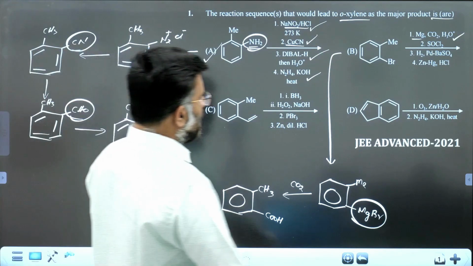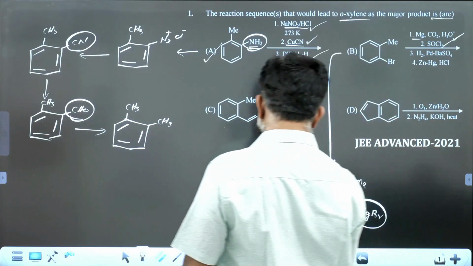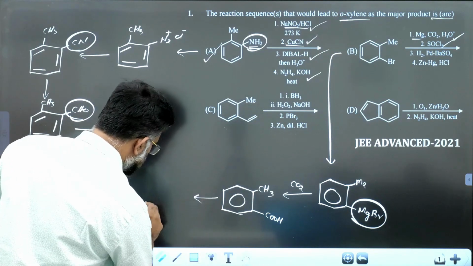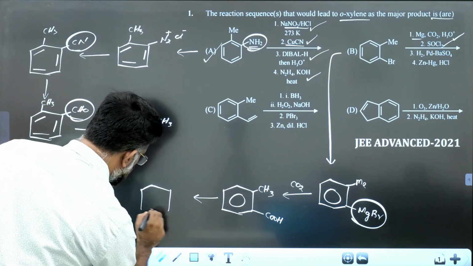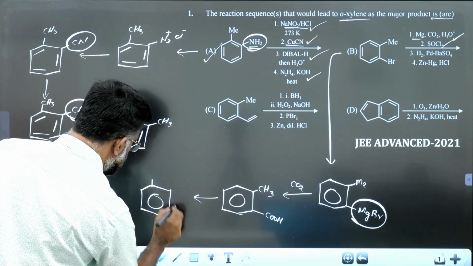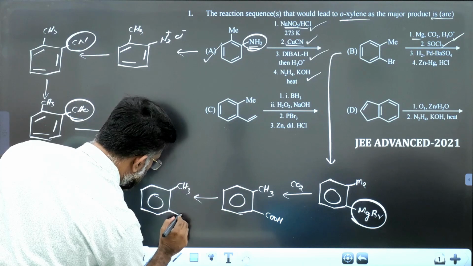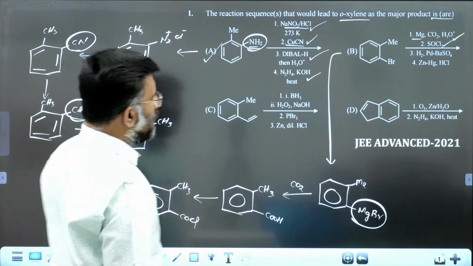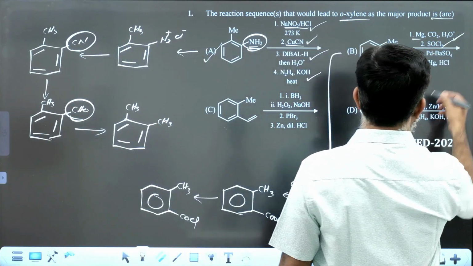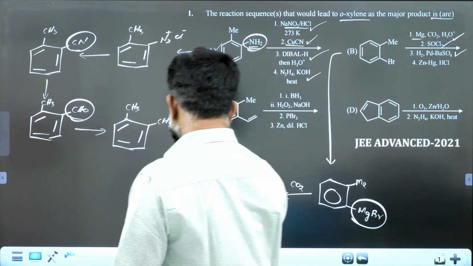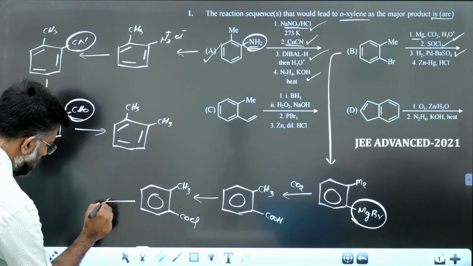Now the second reaction, SOCl2, you get benzoyl chloride. Acid chloride is obtained. There is a methyl group here and COOH turns into COCl after the second step. Then Lindlar's catalyst, Rosenmund reduction.